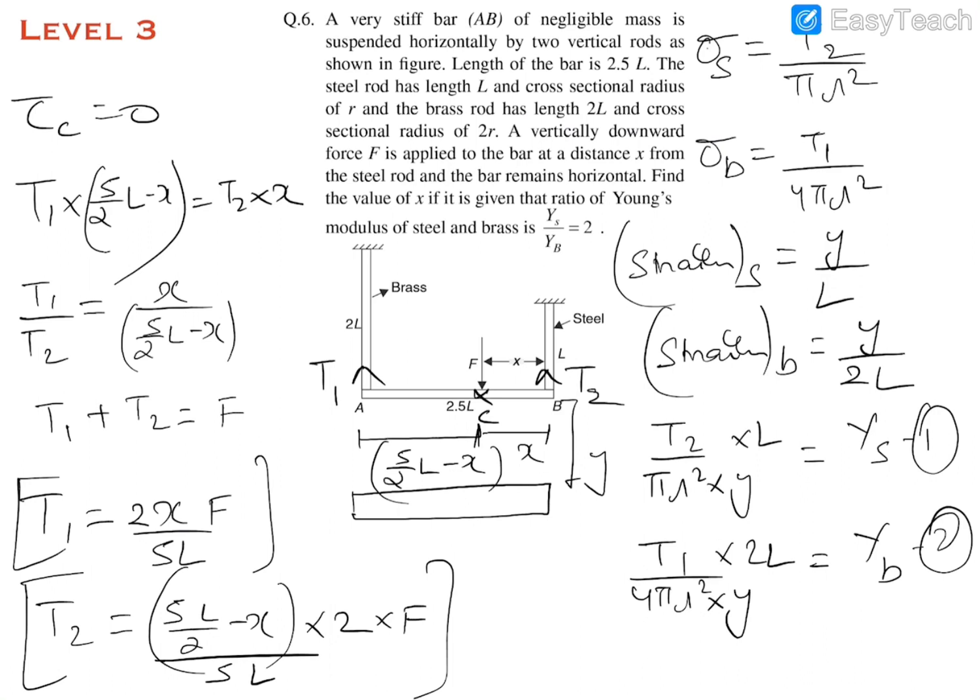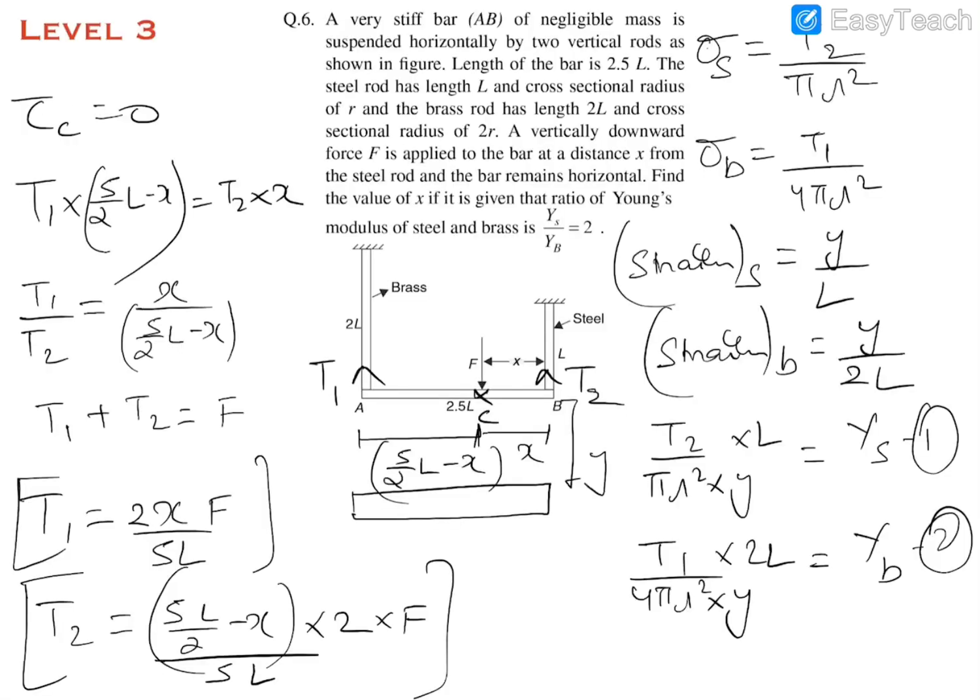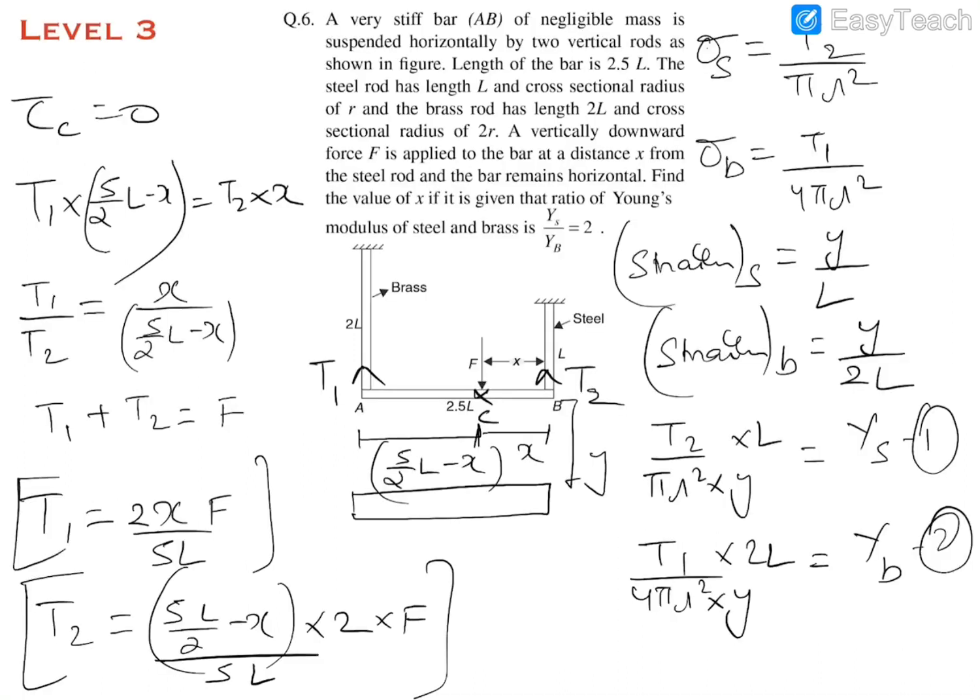Now you can see that if we divide these two equations, then the terms will be cancelled out, and T2 by T1 would be T2 by T1, and this is 2, so obviously there would be a 2 with T1.